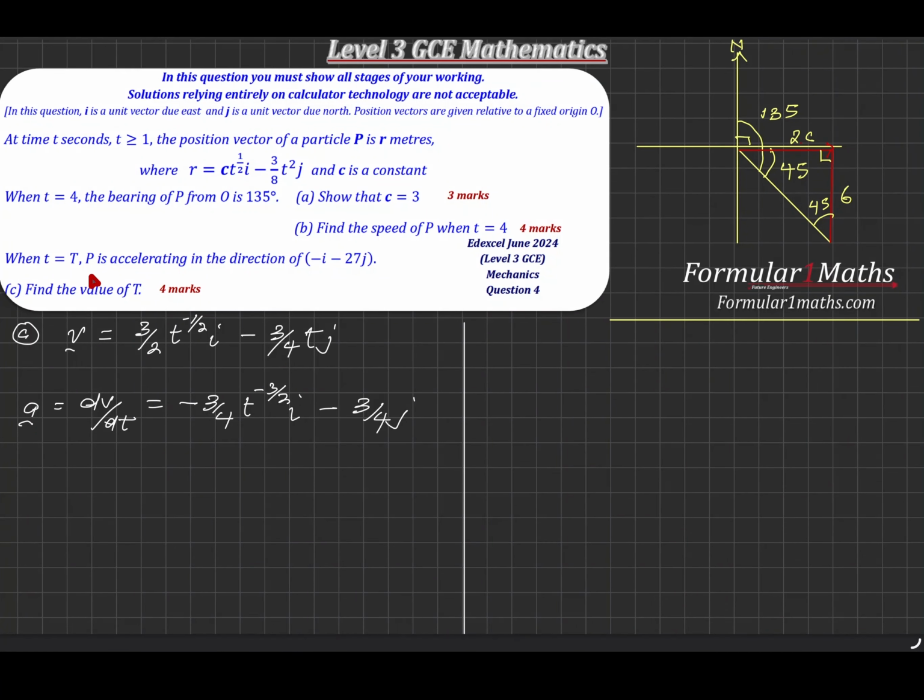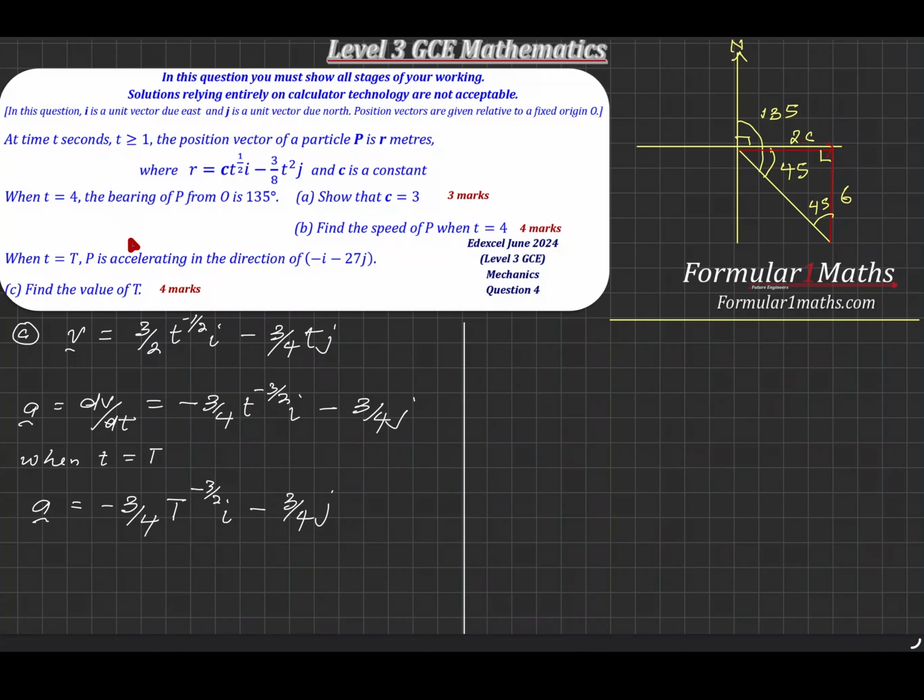But we want the acceleration when lowercase t is equal to uppercase T. So when t is equal to uppercase T, I will have a equals −3/4 T^(−3/2) i − 3/4 j.